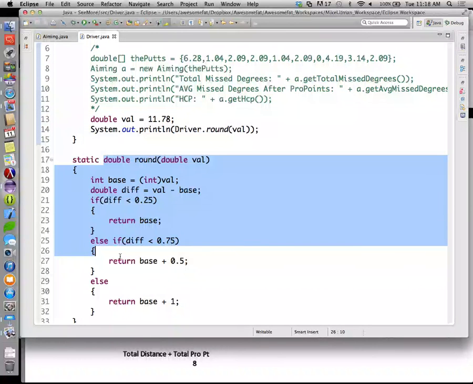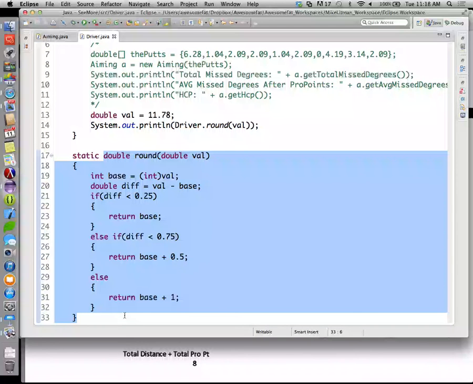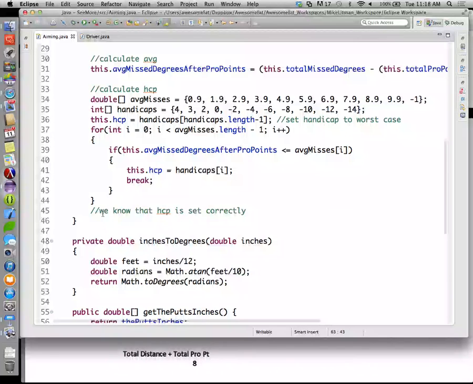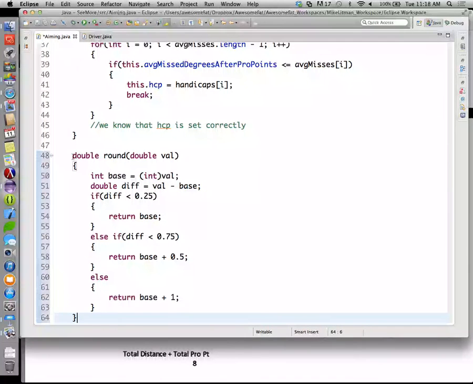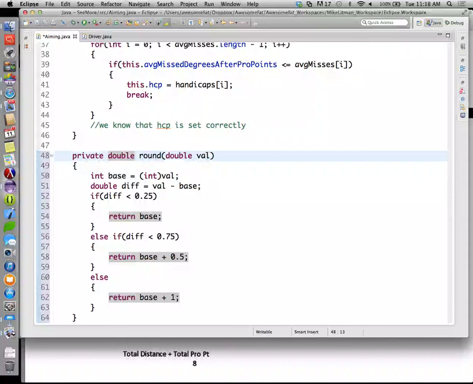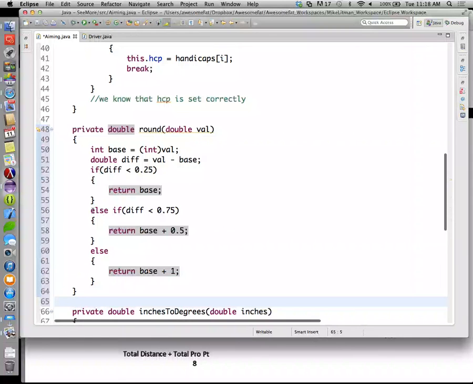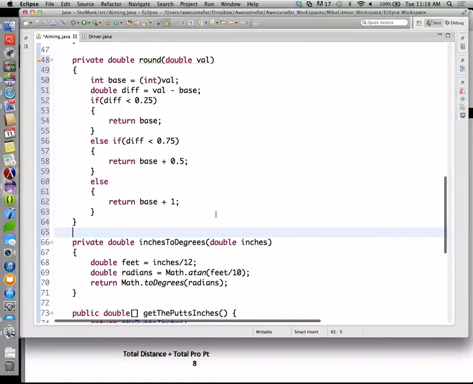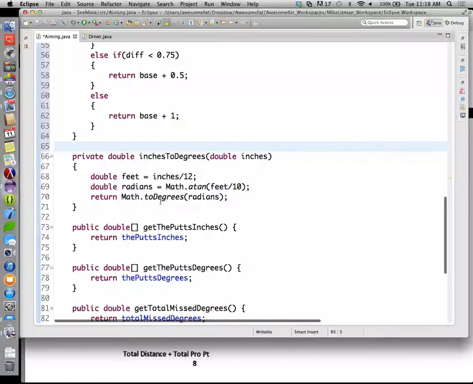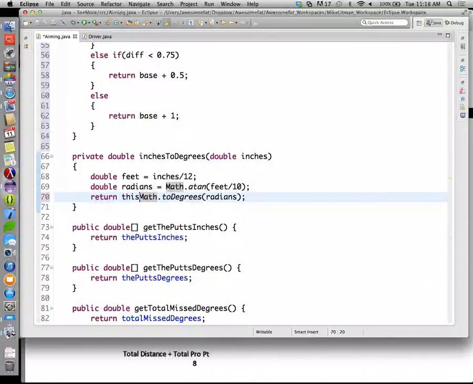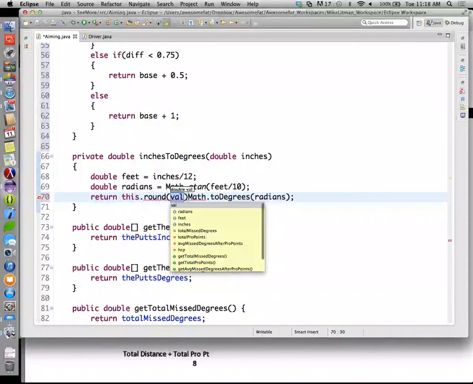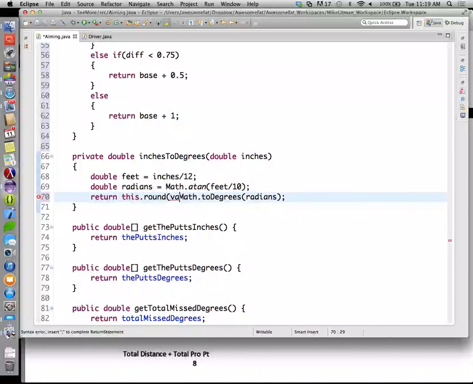So go ahead and steal that. We'll go into aiming. We'll create a private round function in here. We'll say this dot round math dot 2 degrees.